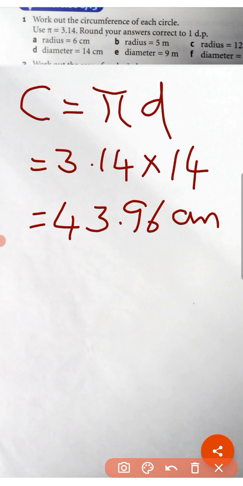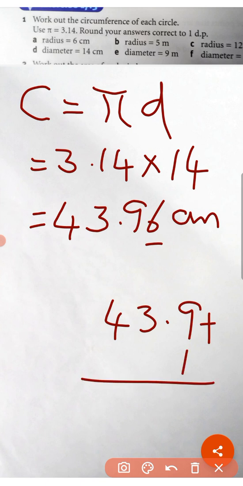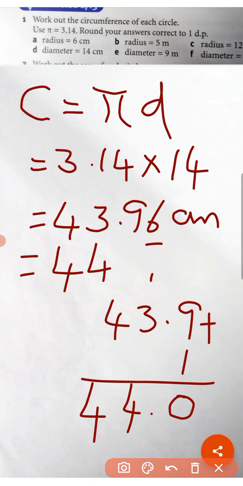Here also we are rounding it correct to 1 dp. So the second decimal place is 6. Add 1 to the first decimal place, 43.9 plus 1, 44.0 centimeter.